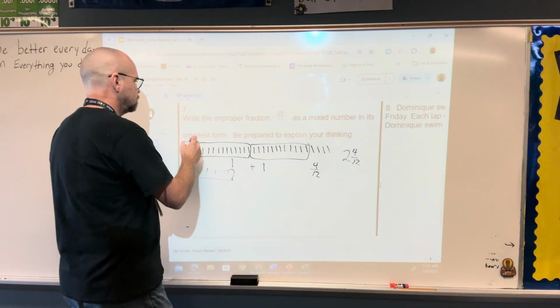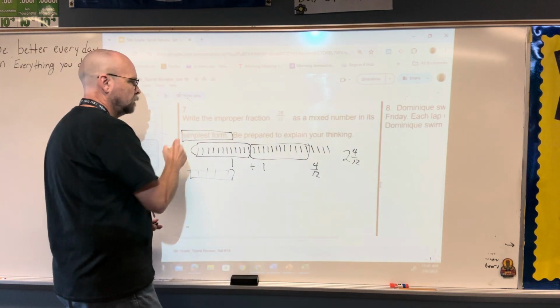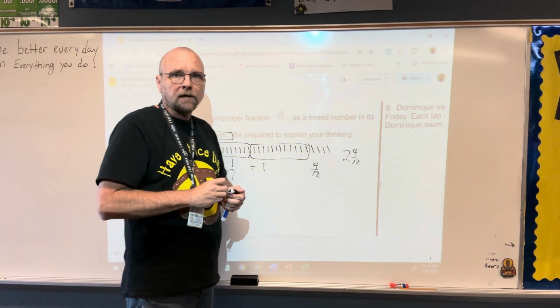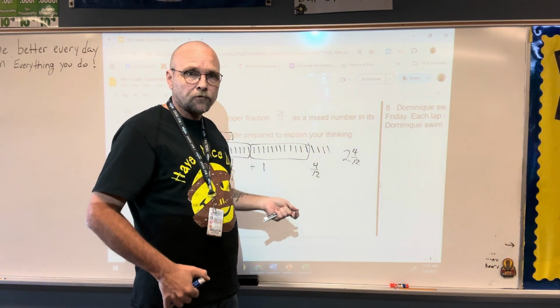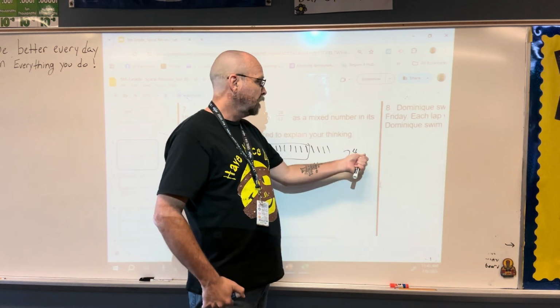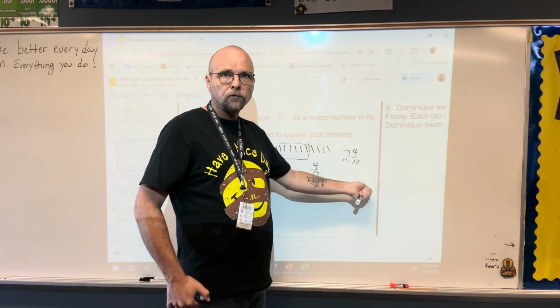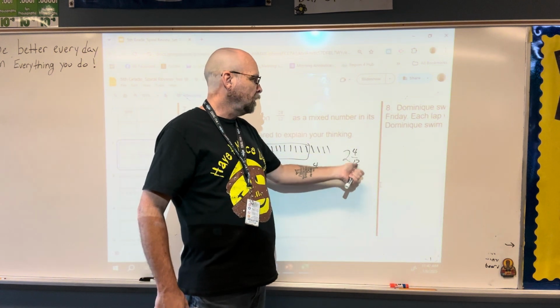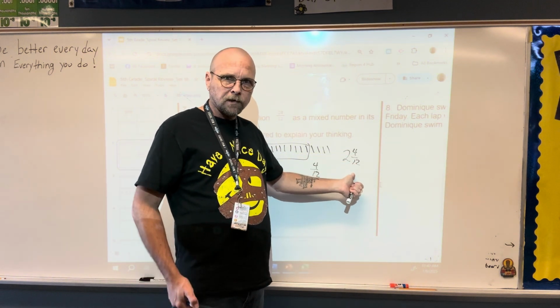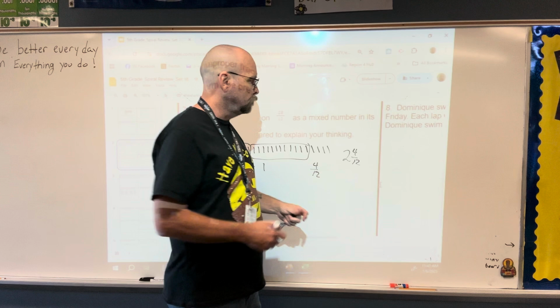The problem asks us to have simplest form, and I can make 4 twelfths with fewer pieces. So I want to find the biggest number I can think of that divides evenly into 4 and 12. Well, let's say I couldn't think of the biggest one. They're both even, so I can divide them both by 2.